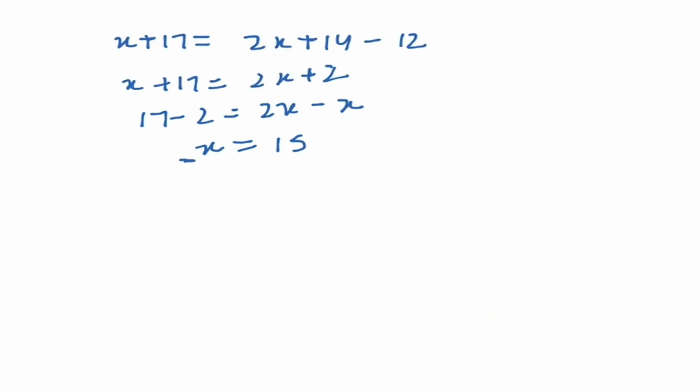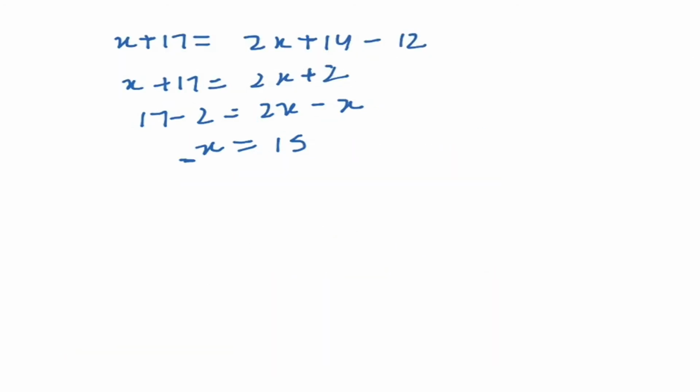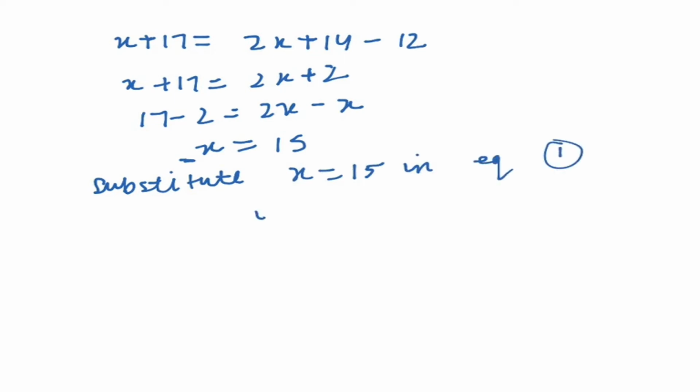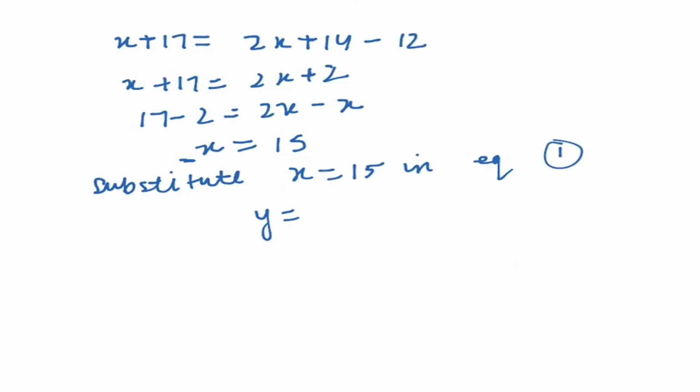Now we can put this value of x in equation 1, that is y is equal to x plus 7. We get the value of y. Substitute. So these are the steps that I am writing to solve any question. Substitute x is equal to 15 in equation 1, that is y equals to x plus 7.